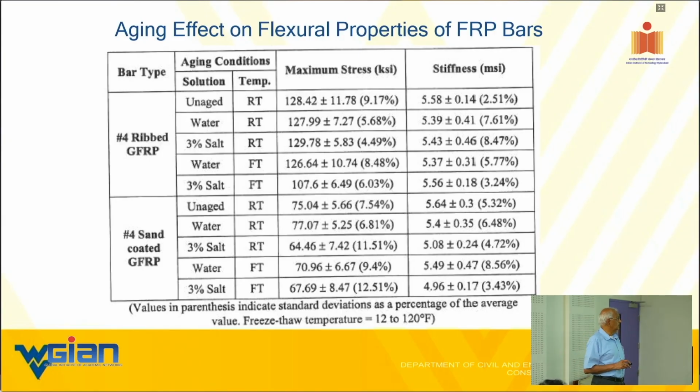We also did work, as I indicated, with the freeze thaw temperatures going from 12 to 120 F. We also did up to 180, 190. I didn't show that here. But this, again, repeating myself, the stiffness component is more stable than the strength component.